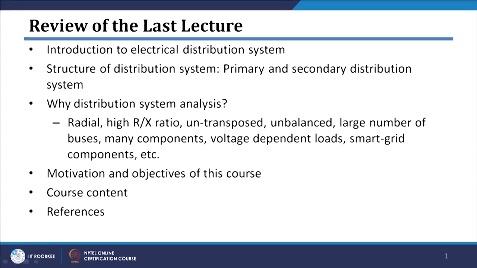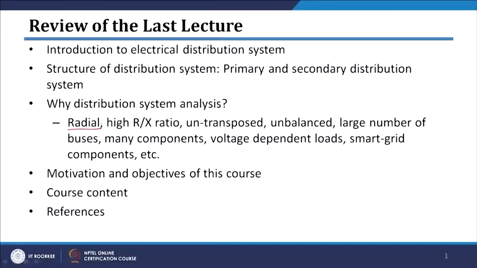Then we have studied why distribution system analysis is required, because we already studied power system analysis, and as compared to power system analysis, what are the different things this distribution system has. That is why we have to study distribution system analysis separately.